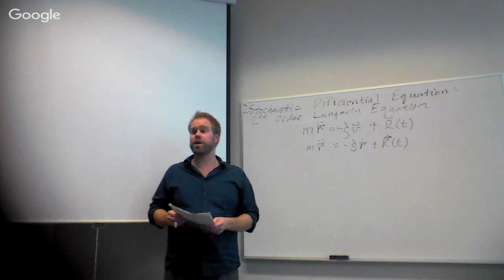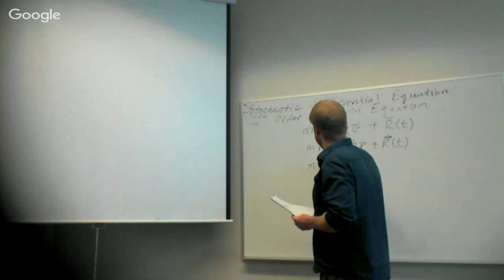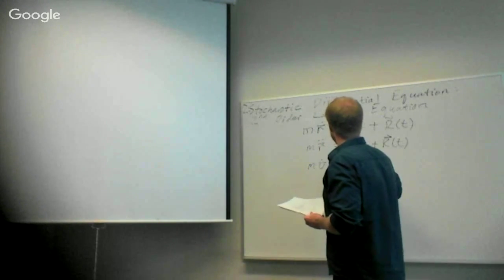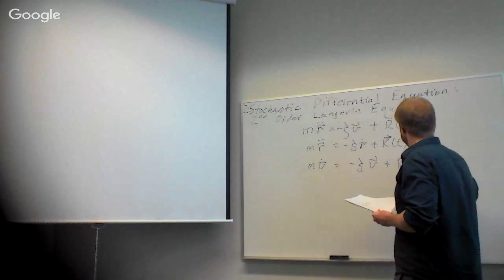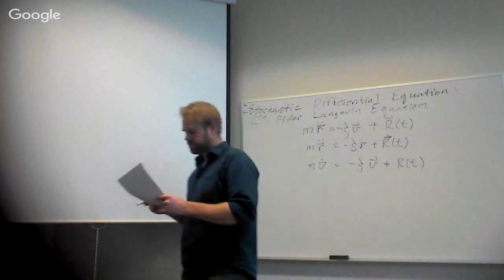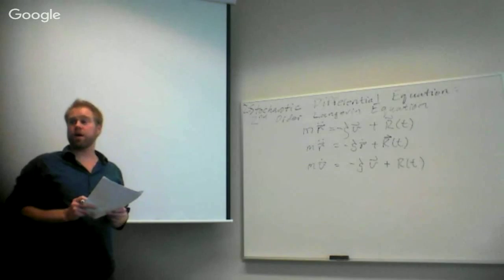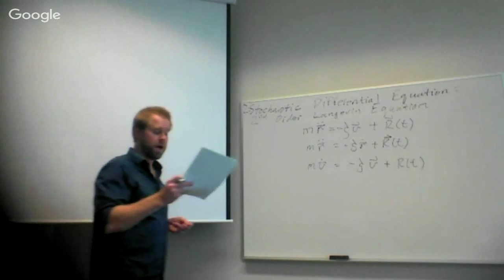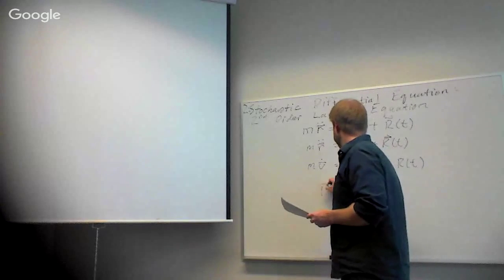Well, to proceed with the solution, let's make our life a little bit easier here. Let's just make this a first order differential equation. Let's just solve it in terms of v. Okay, a couple details to note. This guy here is our damping term.